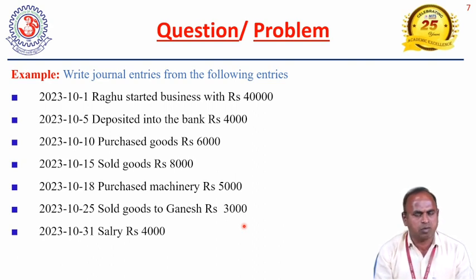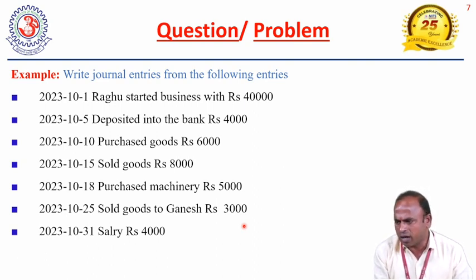Sales is a nominal account. Ganesh is the name of a person, so it is a personal account. In this transaction, Ganesh is the receiver. So write down the debit side. Sales is revenue. As per the nominal account, you write down the credit side. So Ganesh account debit to sales account.